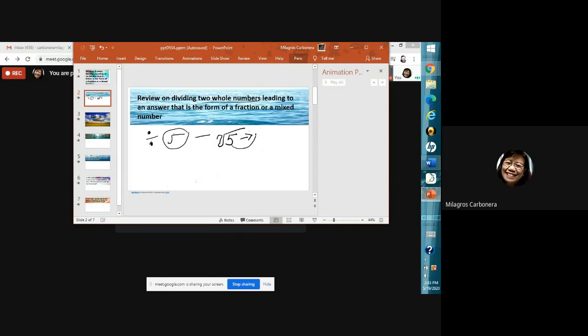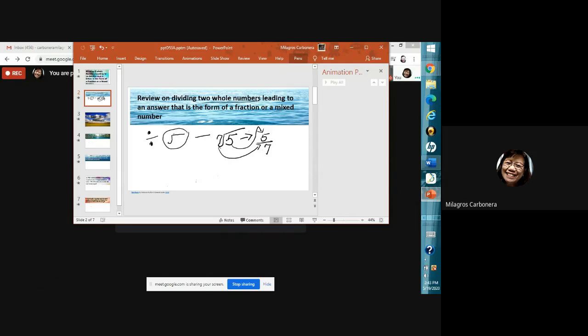The dividend would be the numerator and the divisor would be the denominator. So 5 divided by 7 expressed as a fraction is 5 sevenths. So if you cannot divide, you can simply express your answer as a fraction.